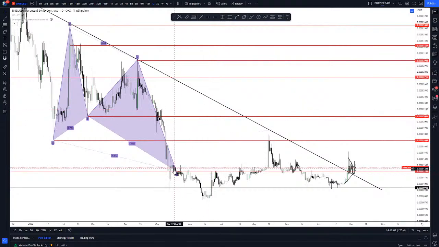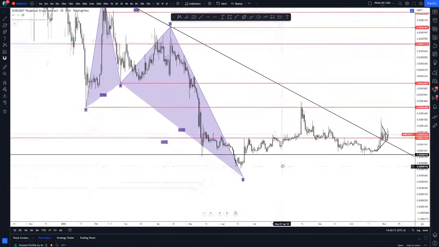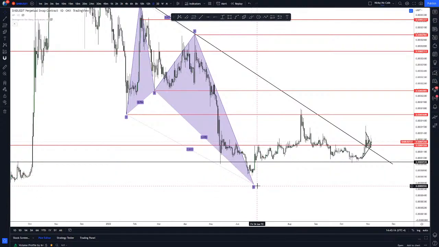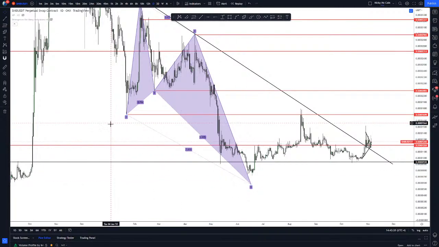You have a butterfly here. So the 1.618 is like right here, which is close enough. I mean, you almost touched the 1.618 bottom. The 1.414 is here. So that's your potential reversal zone on the 1.618.